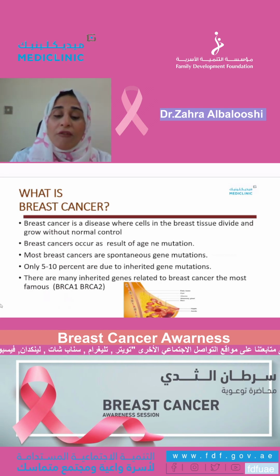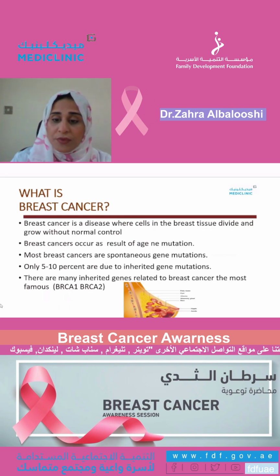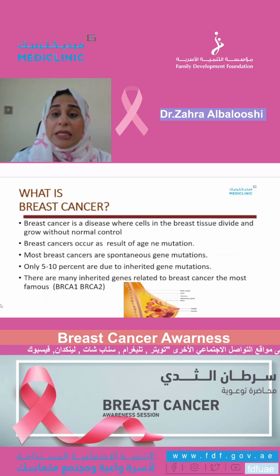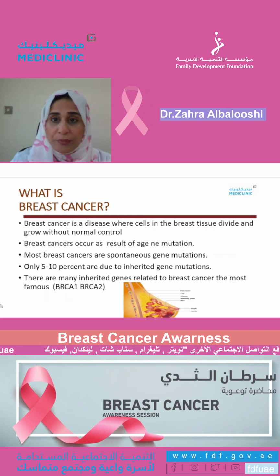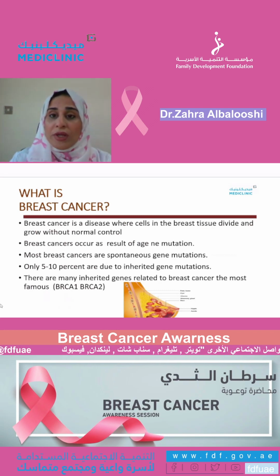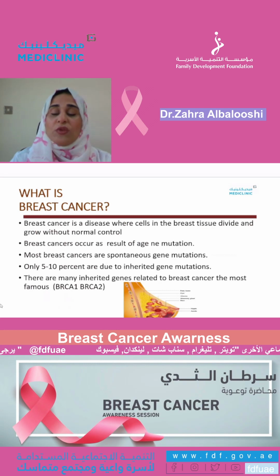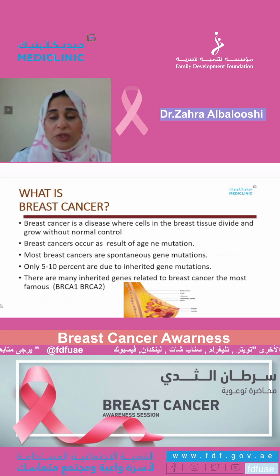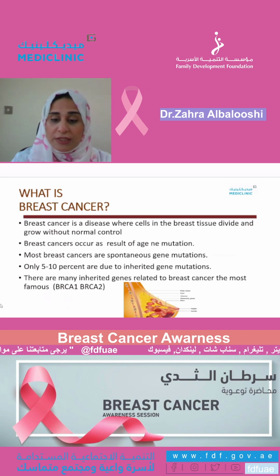As per studies, only 5 to 10% are due to an inherited gene mutation. So that means the rest of the causes of breast cancer might not be due to the gene. There are other risk factors that can lead to breast cancer, other than the gene mutation itself.